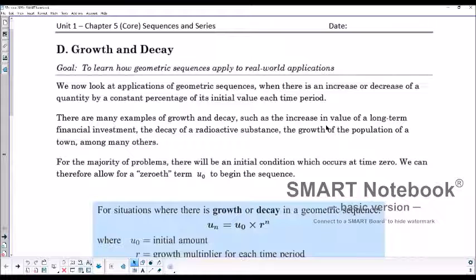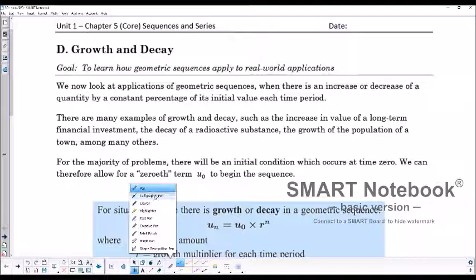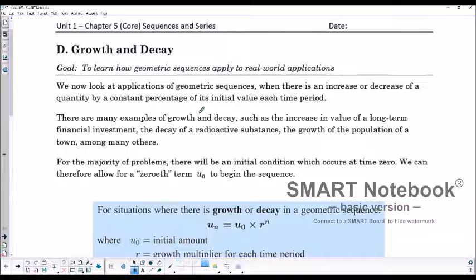We know that there's some sort of common ratio that connects the subsequent terms in a geometric sequence. And so there can be growth or decay, an increase or a decrease in what we're looking for. There are different examples, of course, that you can read here.